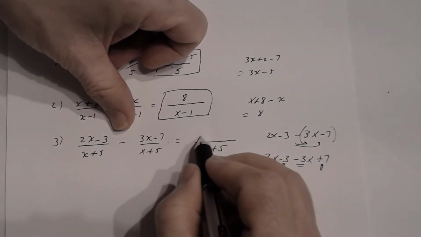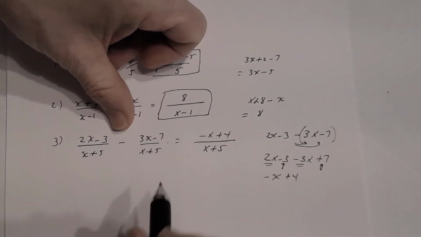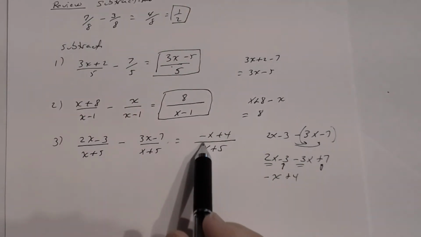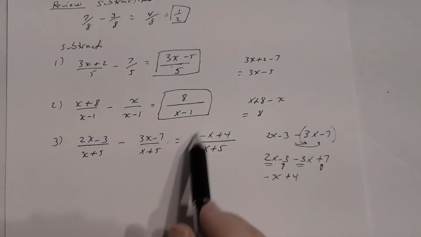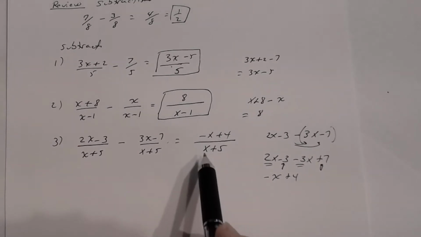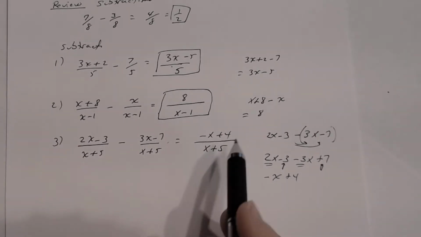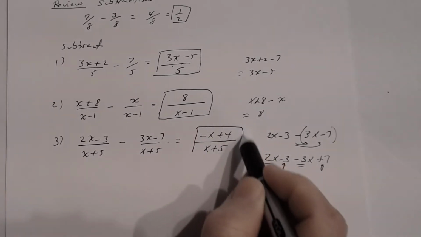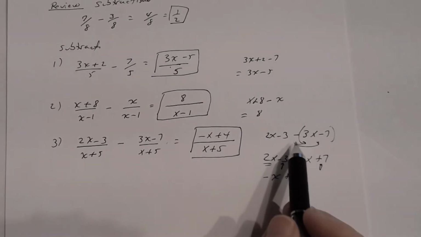So I get negative x plus 4. To simplify this, you'll notice that I can't factor the denominator or numerator, so I would just leave this alone. So that's your answer.